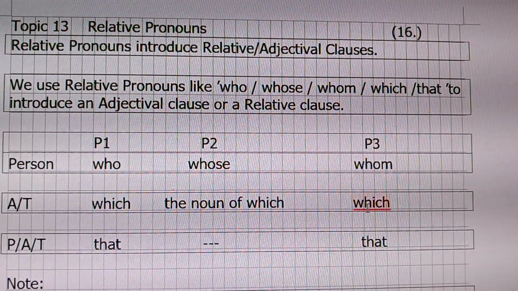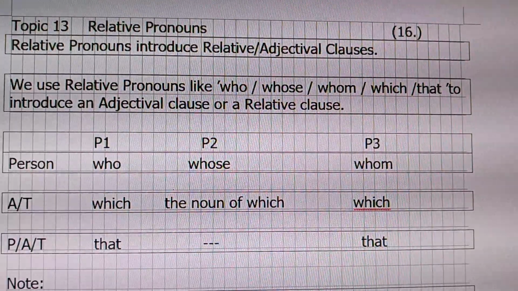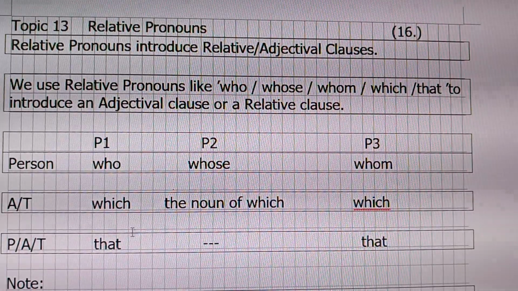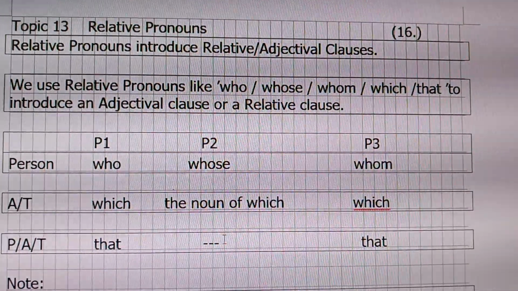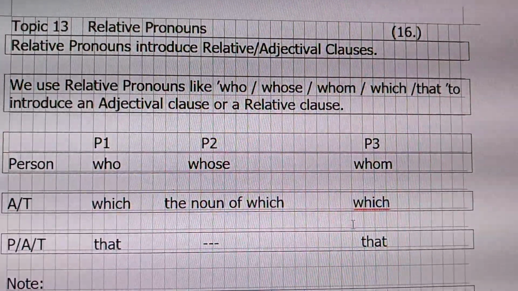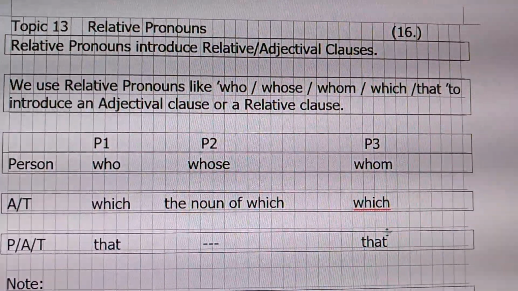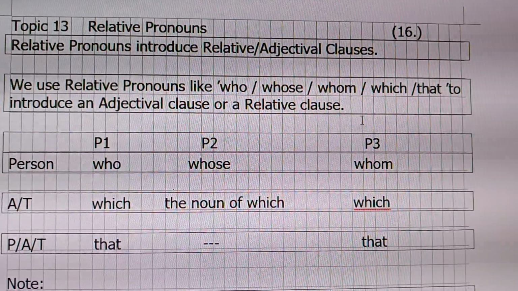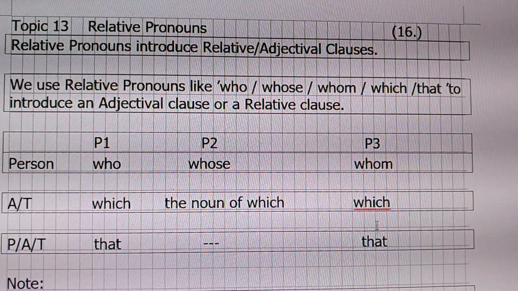So it's easy for animals or things. For person, animal or things, you can use that. That doesn't have the possessive case. And then it has the objective case, that. It can even omit all of them. It can omit them, right?